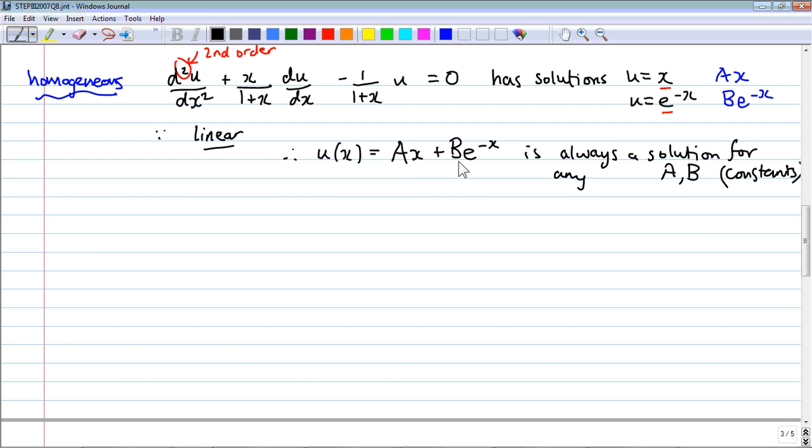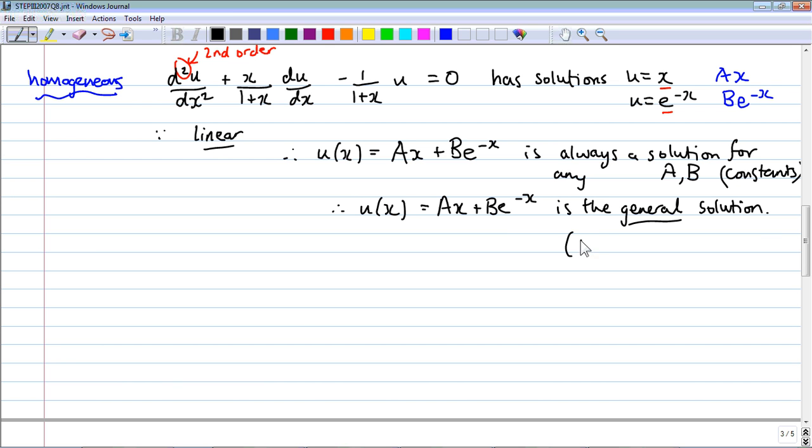And since this expression already has those two free variables, there are no other free variables. So the general solution is exactly what I've just written down. This is the general solution of the given differential equation.